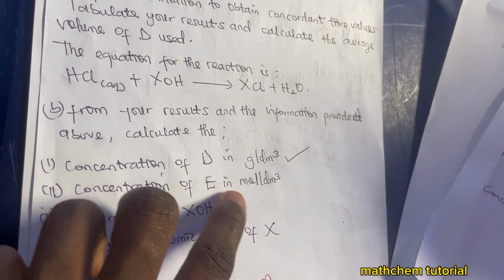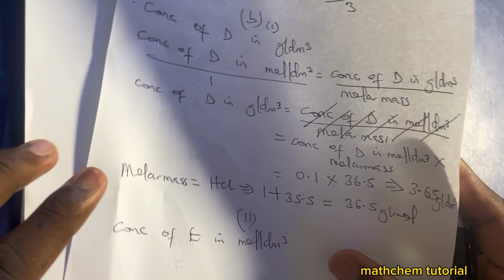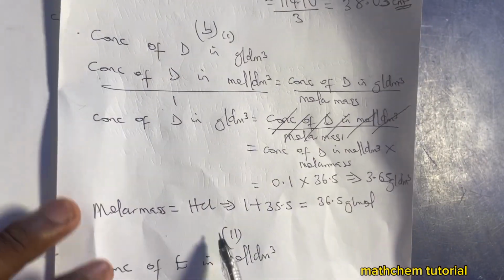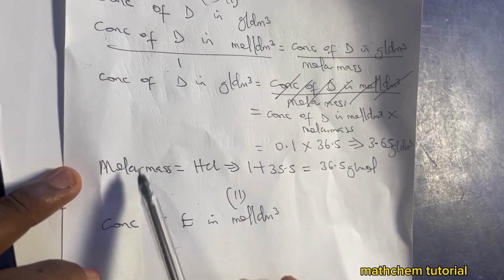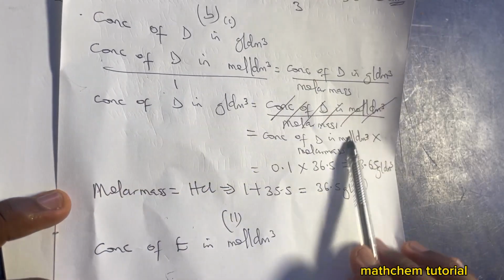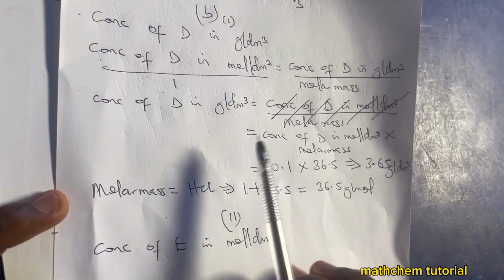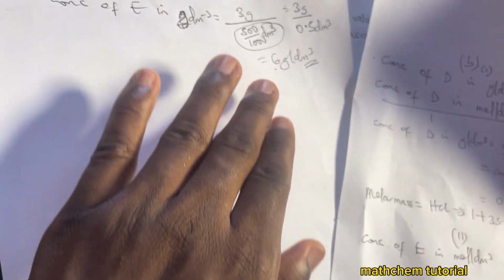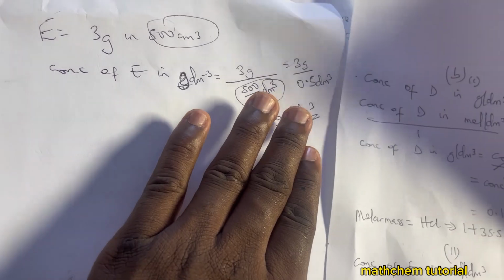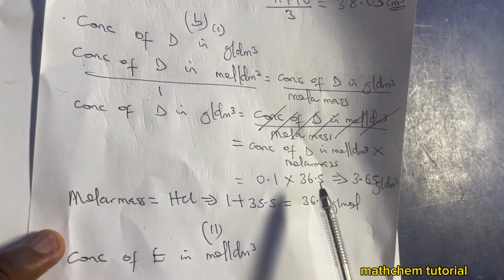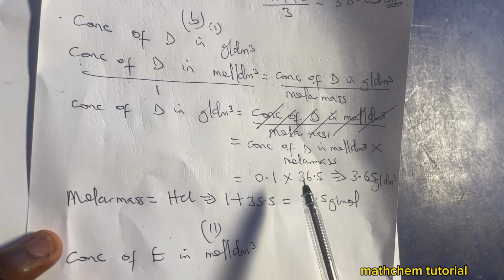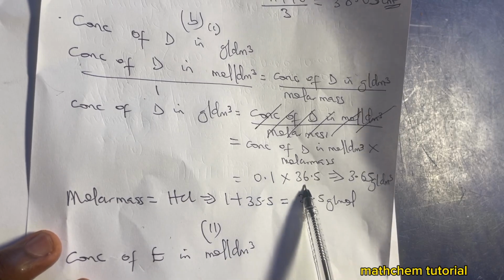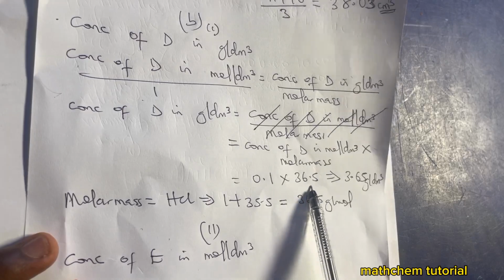Concentration of E in mole per what? Per dm cube. So I can use this formula to work it out the way I did this one. But what will make me not use this process is that here I can calculate the molar mass of HCl, which is 36.5.